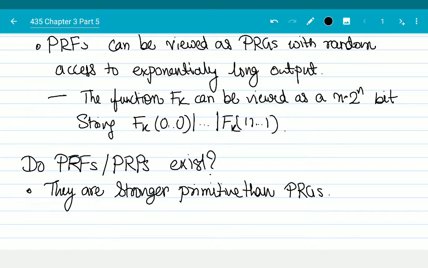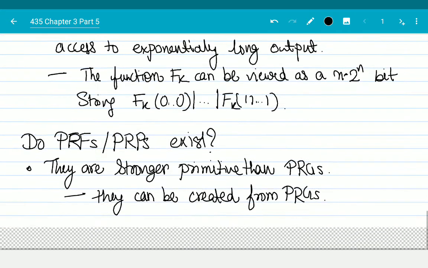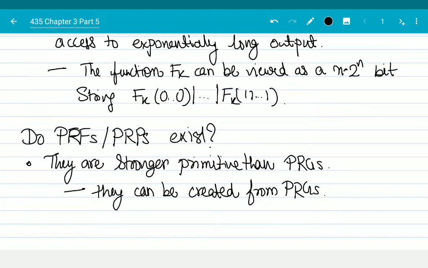However, you can also go the other way around. They can be created from PRGs. So showing that a pseudo-random function exists is the same problem as showing that a pseudo-random generator exists, because you can use one to create the other. Can we show that pseudo-random generators exist?